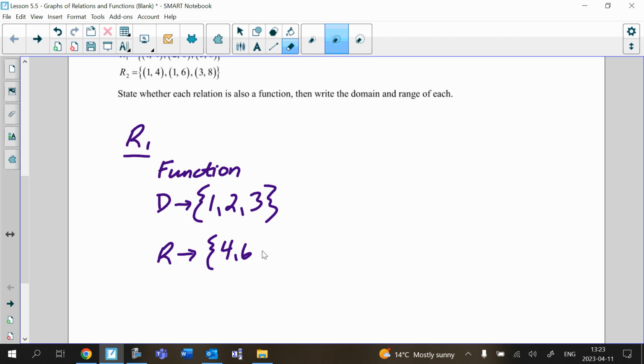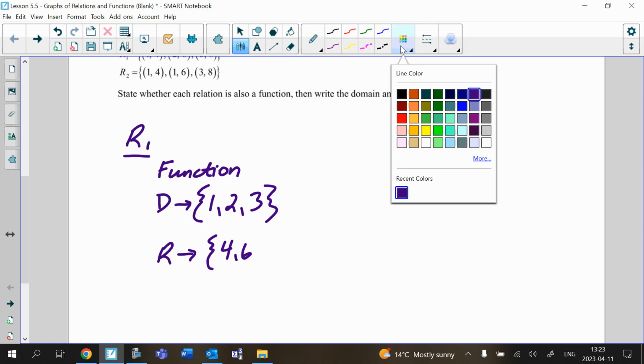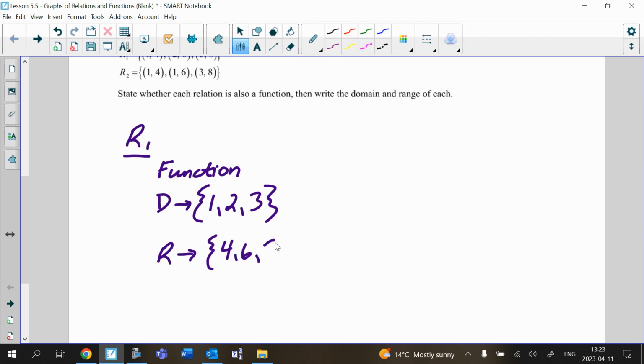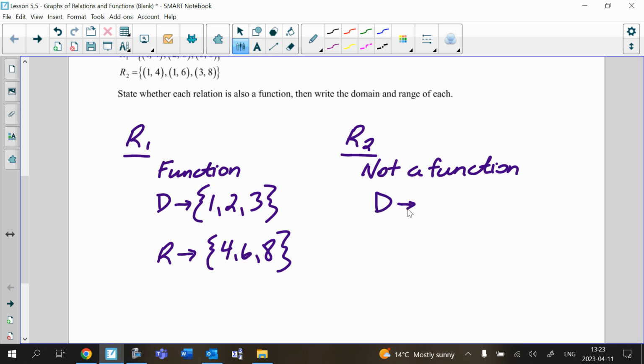How about R2? No. Not a function. Why? Yeah, one of the domain values repeats, the 1. What is the domain? 1 and 3. Right, do not write the 1 twice. What is the range? 4, 6, 8 again.